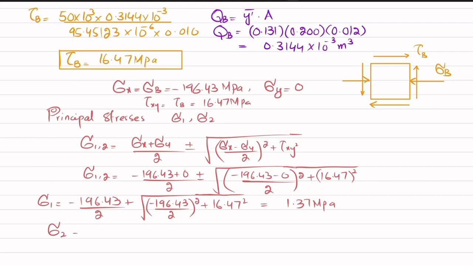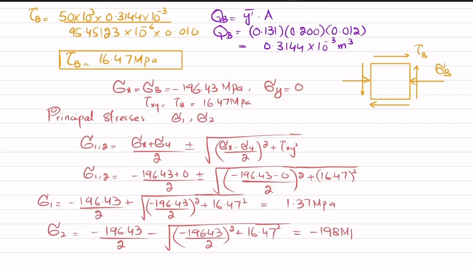Similarly, you can find sigma 2, which is equal to minus 196.43 divided by 2 minus the root of 196.43 divided by 2 whole square plus 16.47 whole square. And when you calculate it, it will be equal to minus 198 megapascal.